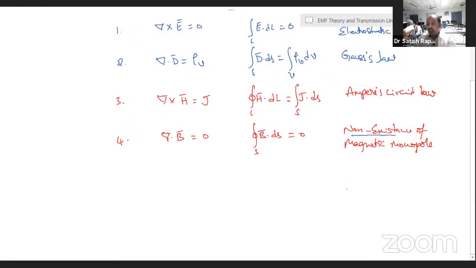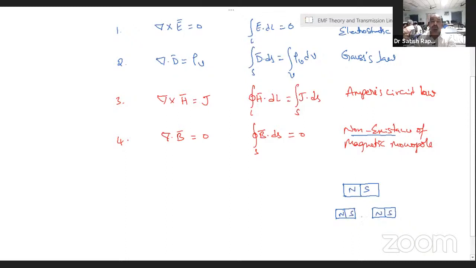Means what? We have a magnet NS, which has a north pole and a south pole. If you break the magnet into two pieces, again these two pieces have a north pole and a south pole, and this has a north pole and a south pole.